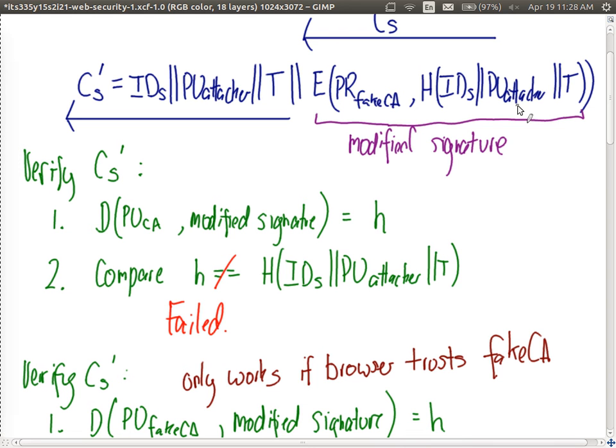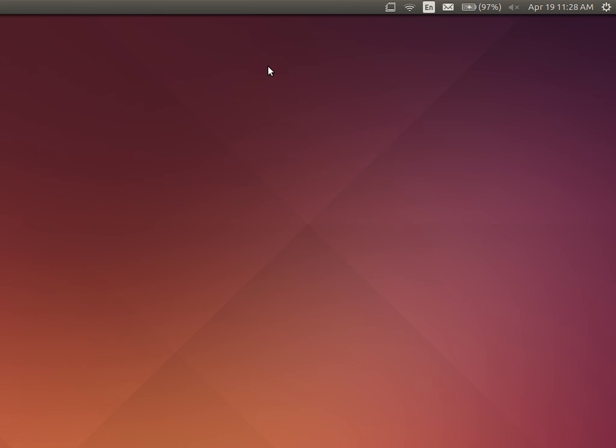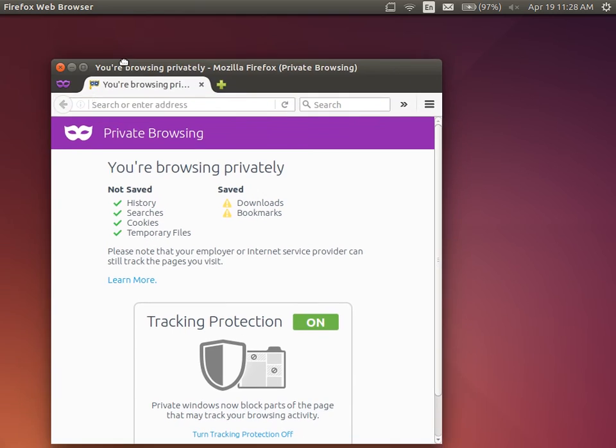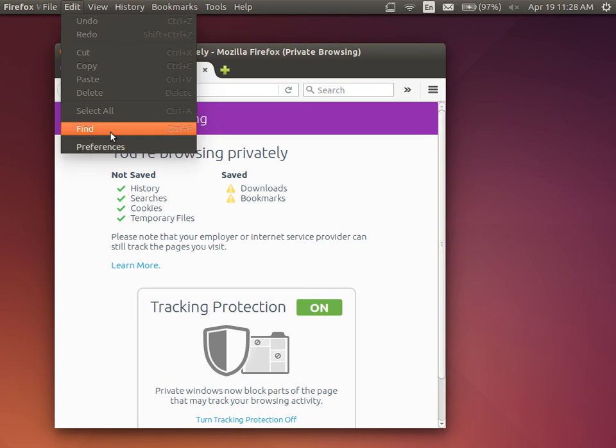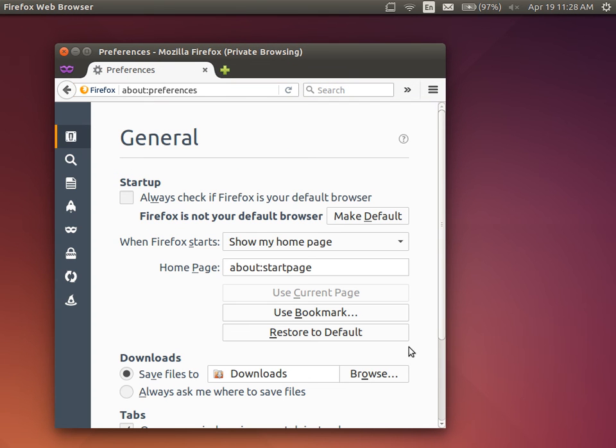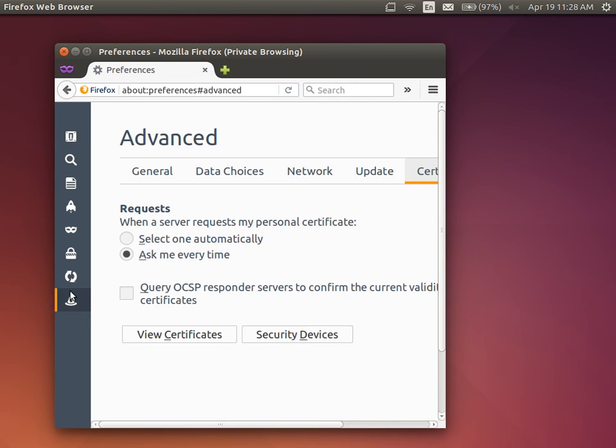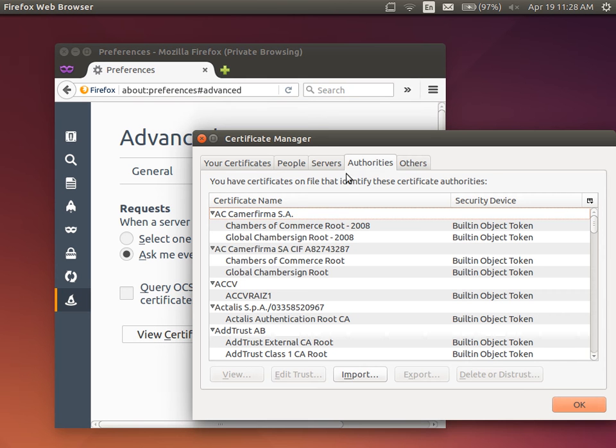You'll find by default there may be hundreds of CAs that your browser trusts. I'll bring up the ones that my browser trusts. If I look at the settings, I can view the certificates and the authorities.